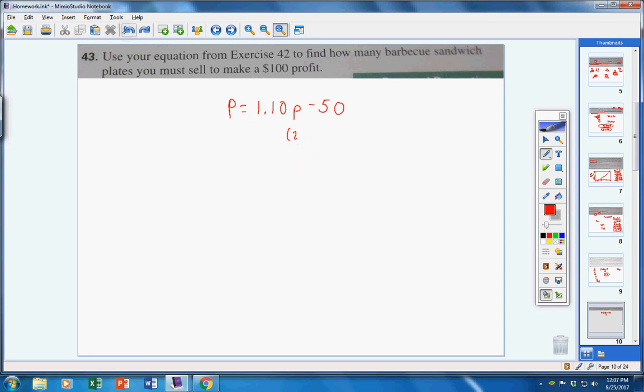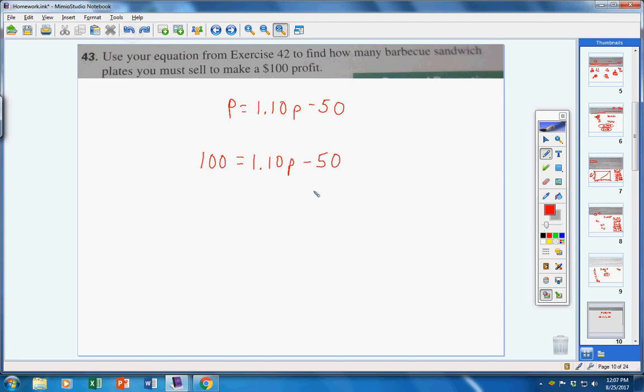Now we're doing it backwards. I'm telling you, I want a profit of $100. So I'm going to put 100 for my profit. So I want to make $100 profit. How many plates? That's my question mark. How many plates do I want to sell?